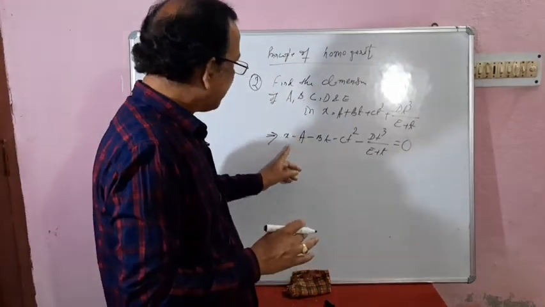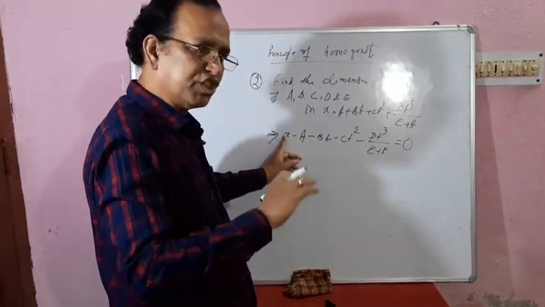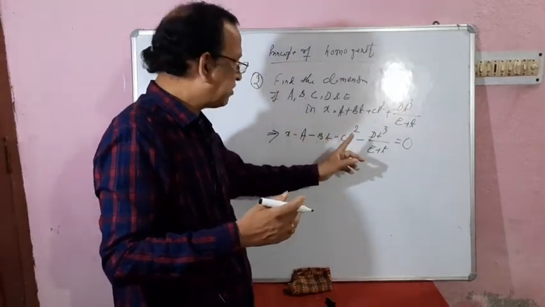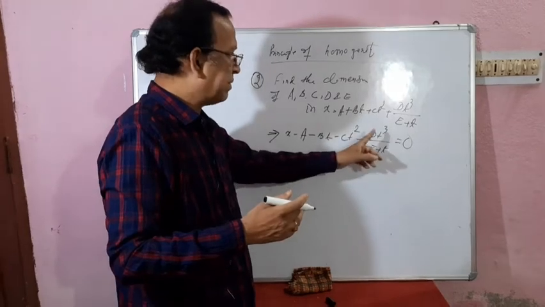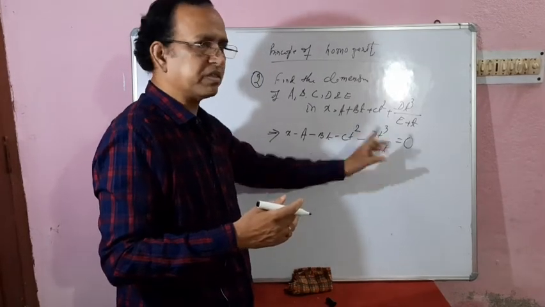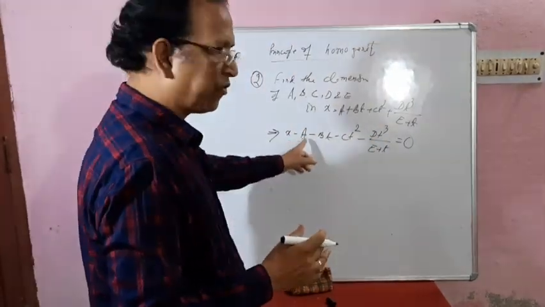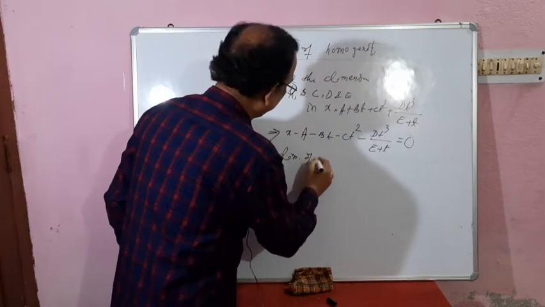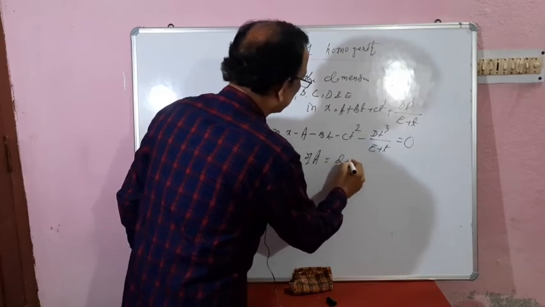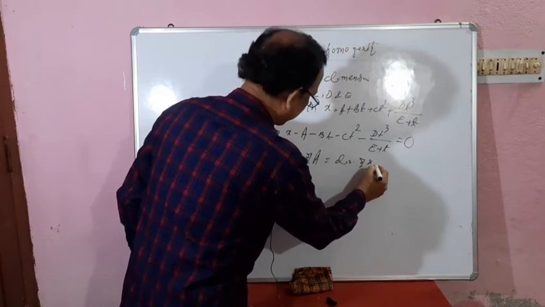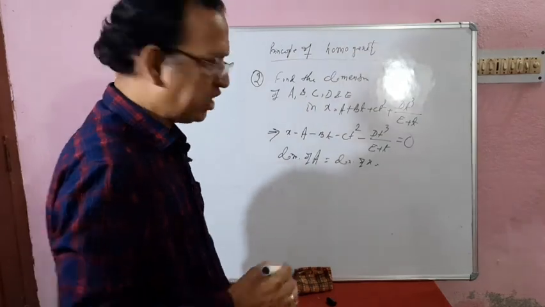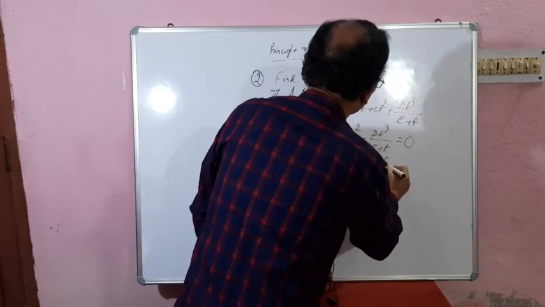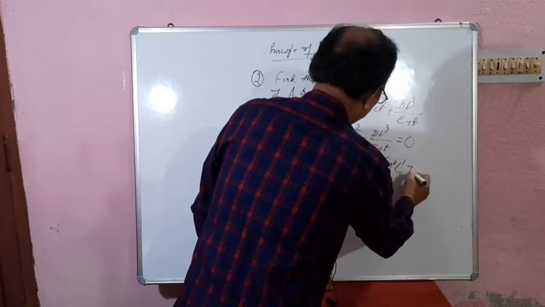So the dimension of x is equal to the dimension of A, which is equal to the dimension of BT, the dimension of CT square, and the dimension of DT square by E plus T. First we can find the dimension of A. Dimension of A is equal to dimension of x. x is displacement, so that is L1, which is M0 L1 T0.